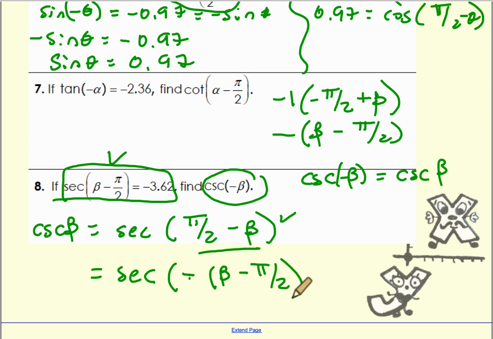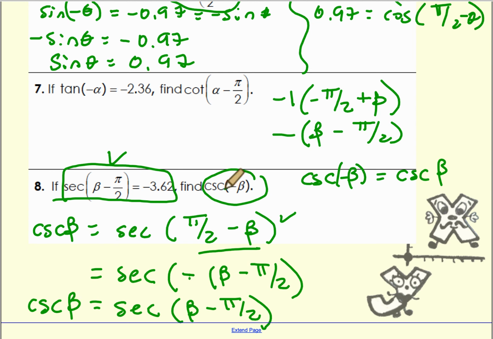And because secant is an even function, I know that the secant of the opposite of the angle is the same as the secant of beta minus pi over 2. And I know that that has to be equal to the cosecant of beta. Okay?